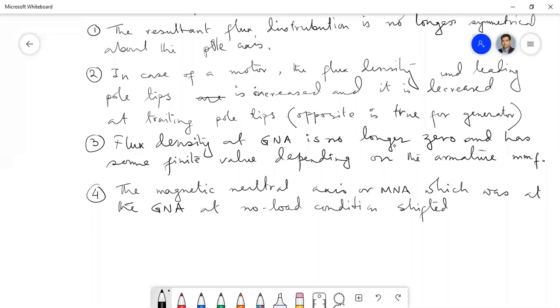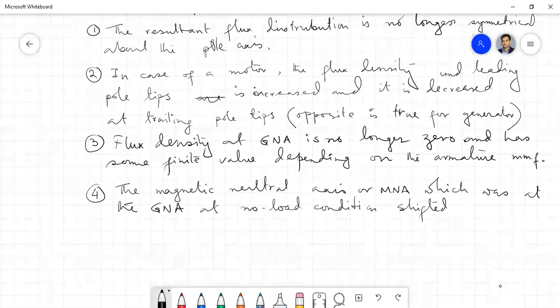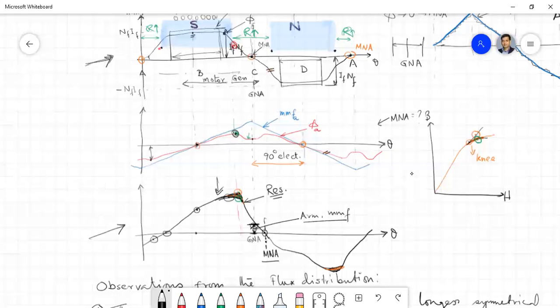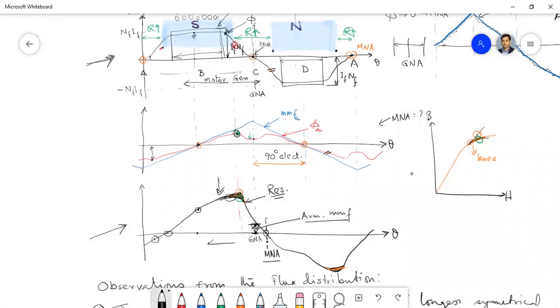First you tell me, as a motor, will it be shifted forward or backward? Backward. So as a motor, the direction of rotation is this way, so it will be shifted backward, isn't it? For motor it is backward, and for generator it is in the forward direction.